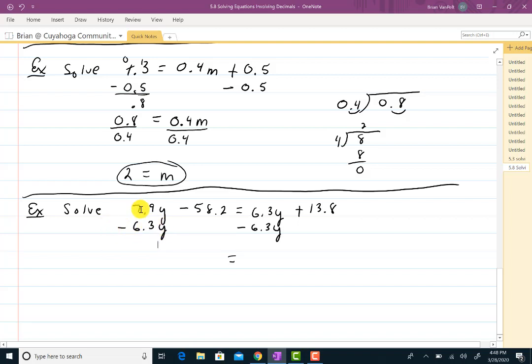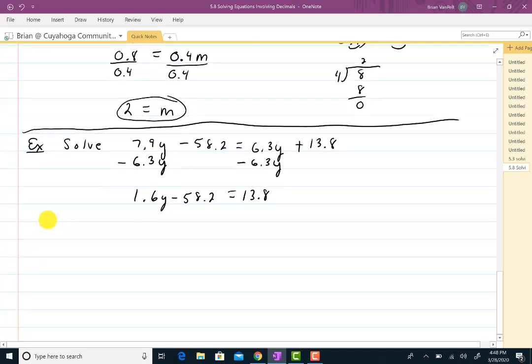And I can do this subtraction directly here. I'm going to get 1.6y minus 58.2 equals 13.8. And you can see that now it's exactly like the problems that we were just doing.